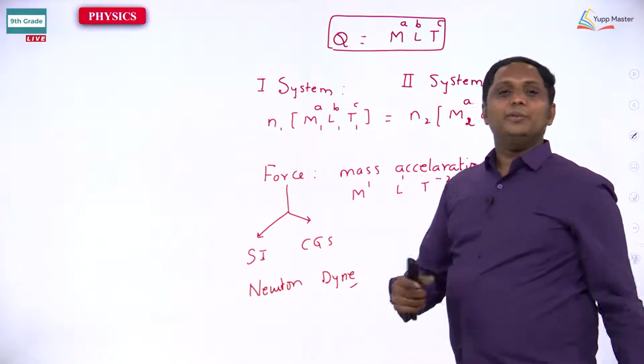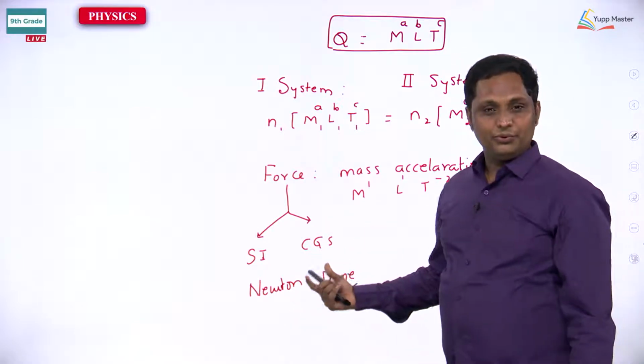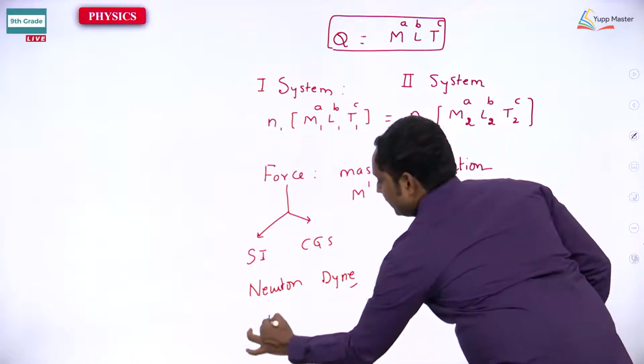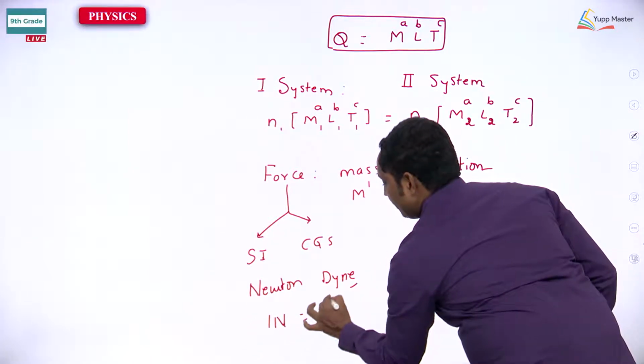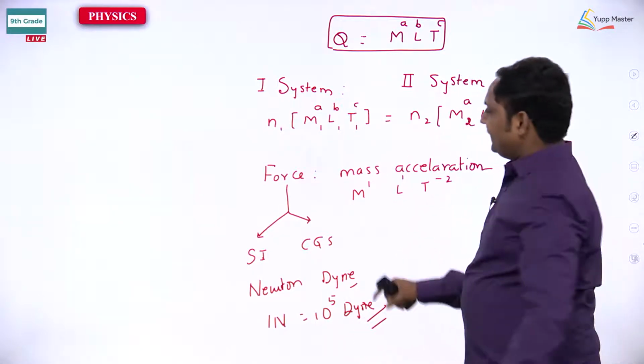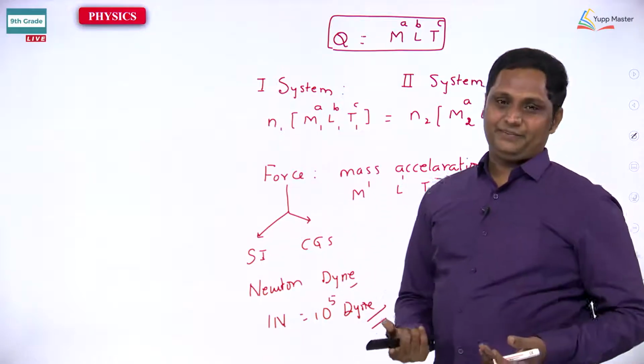So, the value can be expressed in terms of Newton or in terms of dyne. You know very well that 1 Newton is equal to 10 to the power of 5 dyne, all right. This is how we can convert from one system of units into another system.